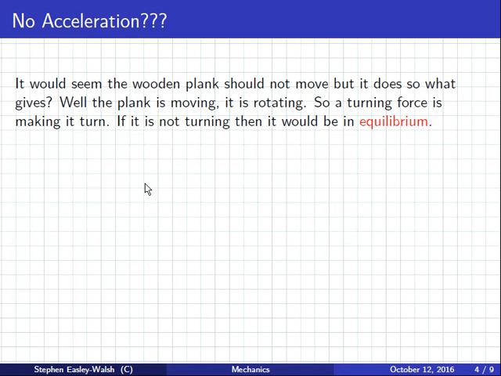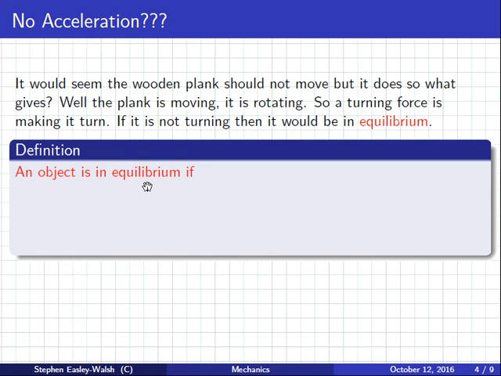Yeah. Okay. Oh, I actually have a precise definition, I forgot. An object is in equilibrium if the total net force is 0. Yeah, well, that's a shorter way of saying it. Although I should really say the total net force and turning force, if you want to be extra clear.